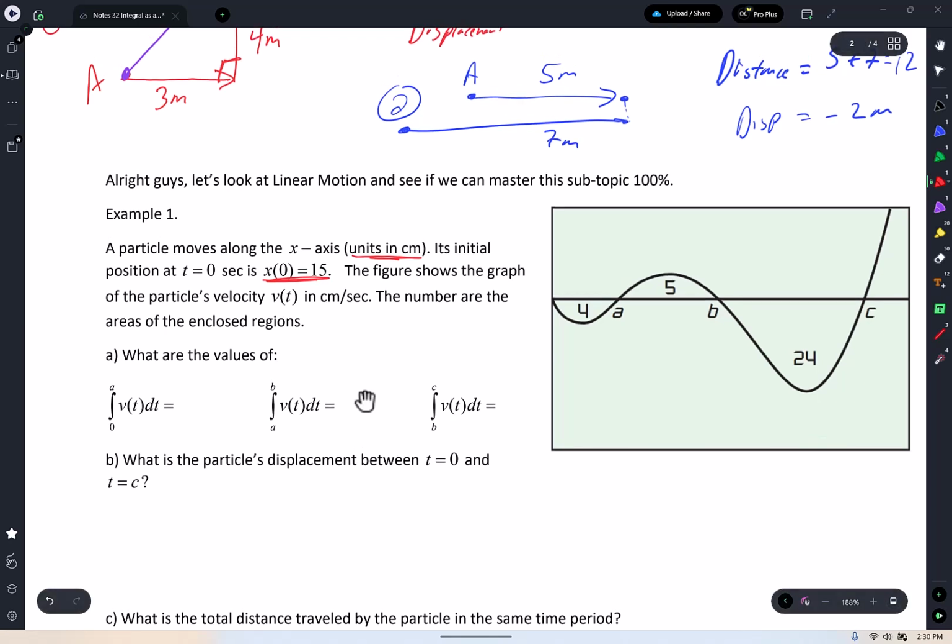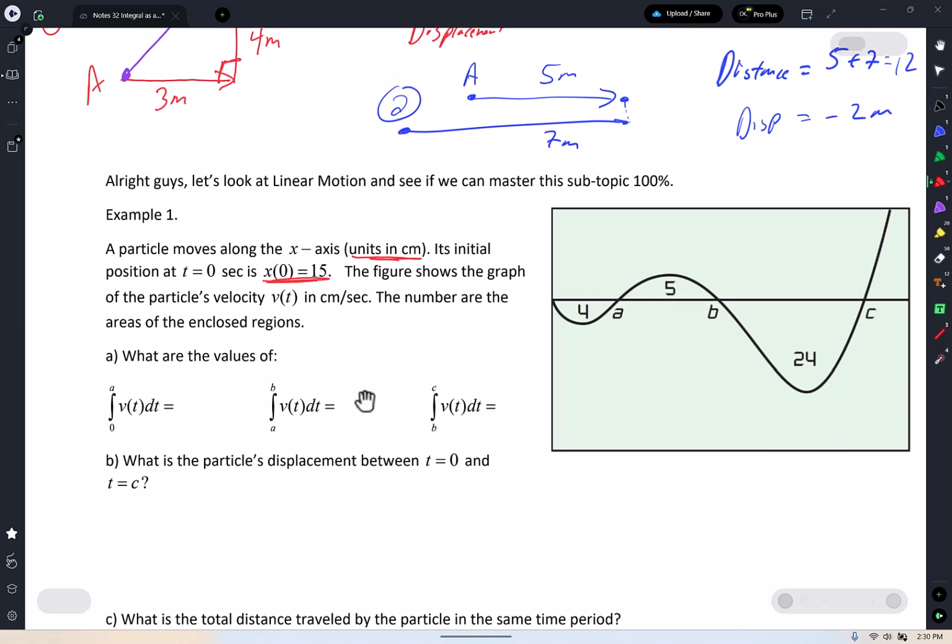The figure shows the graph of the particle's velocity in centimeters per second. So what is this? A velocity time graph. Here's 0. Here's the y-axis. Here's the x-axis. The numbers are the areas of the enclosed regions. Okay. Nothing crazy. We haven't done anything crazy yet, have we? All right. So what are the values of these integrals? We know about integrals.